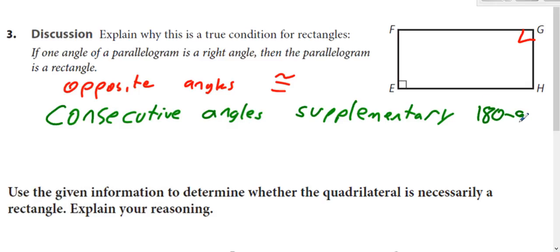So we do 180 minus 90, which means the other angle is 90. So this is 90 and that's 90. So all the angles are right angles, so it's a rectangle.